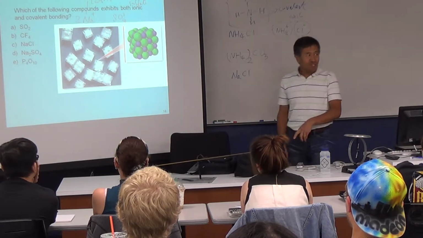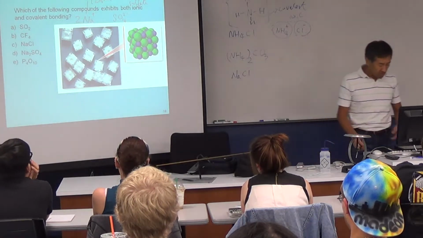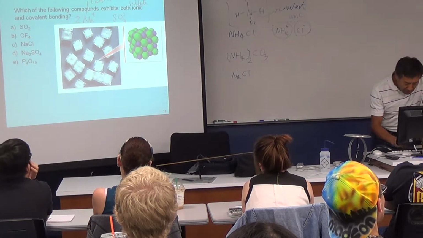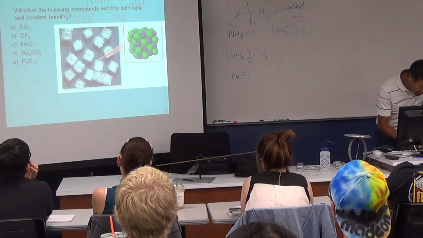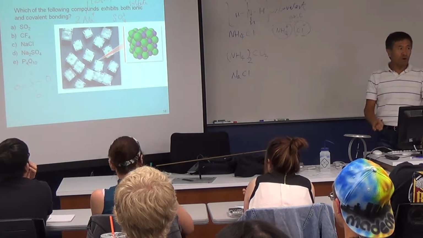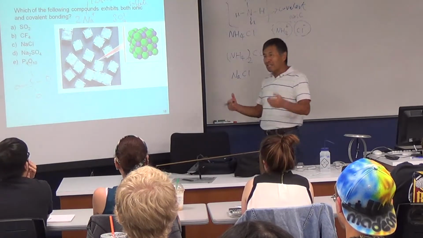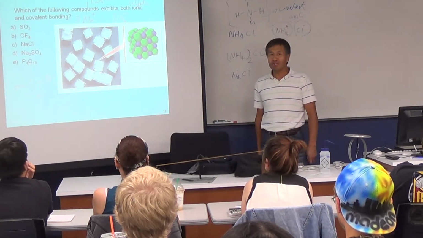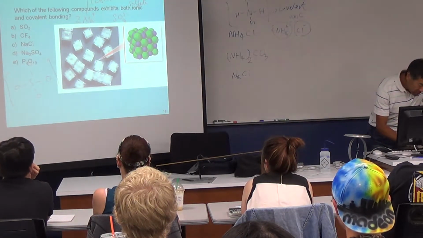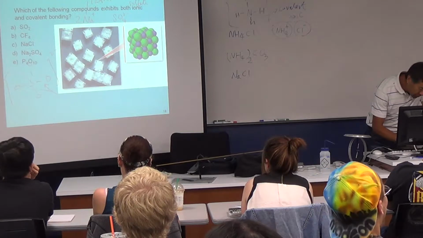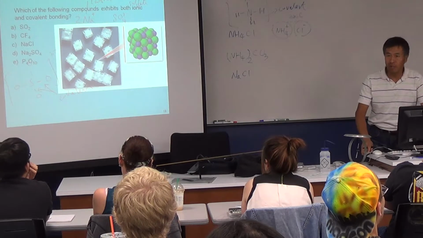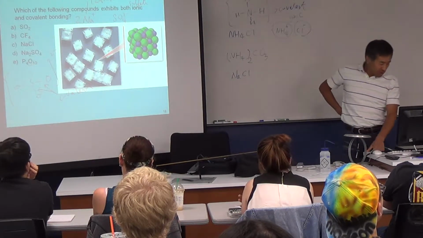When you see ions like sulfate, carbonate, nitrate, as we saw before, you have S and 4 O. What is the force that makes them stack together? This bond here and this bond here are the so-called covalent bonds.